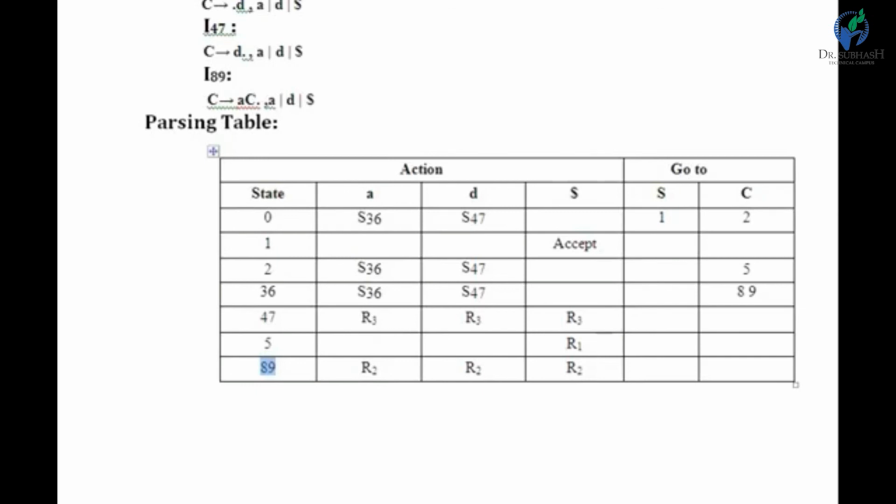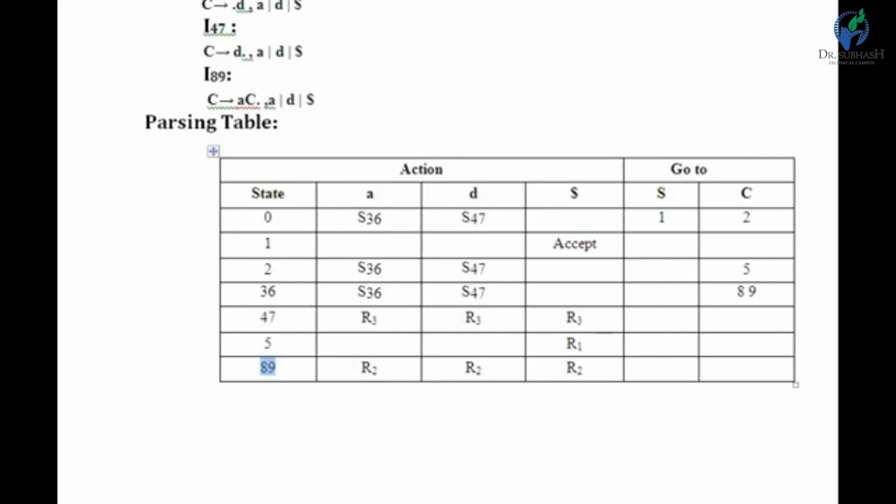Sometimes the augmented grammar is already given in your exam. If it's not given, then first convert the given grammar into an augmented grammar. Then you have to collect the LR collection, then draw the parsing table according to that collection.